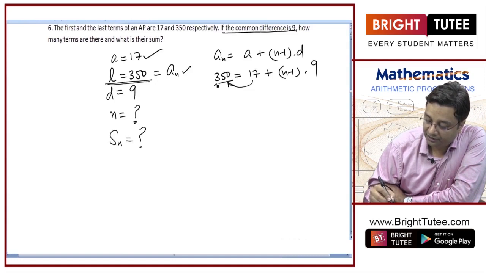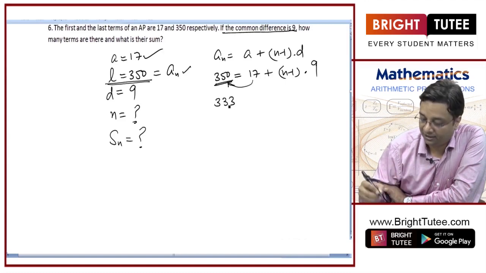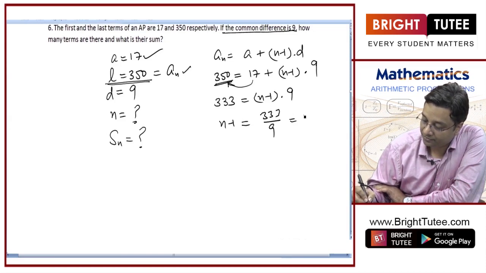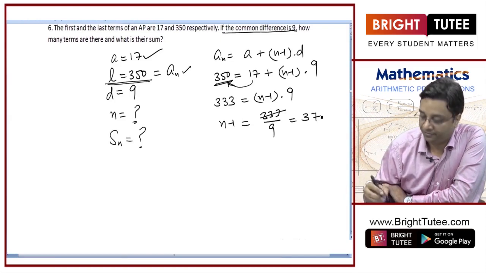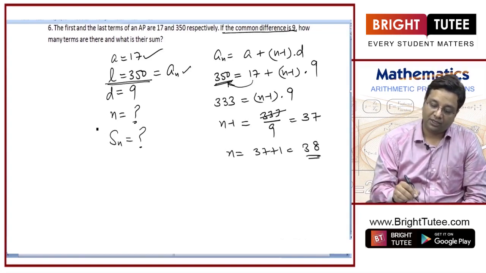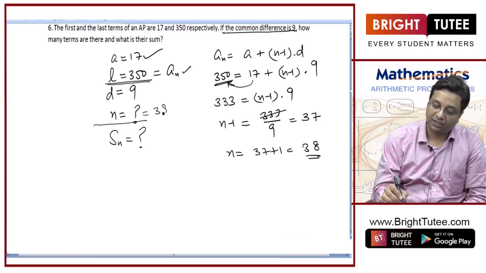If I subtract 17 from 350, it will give me 333, right? Which is equal to (n minus 1) into 9. So now n minus 1 is equal to 333 by 9, which is equal to 37. So n is equal to 37 plus 1, which is equal to 38. So we have got our answer for n, which is equal to 38.